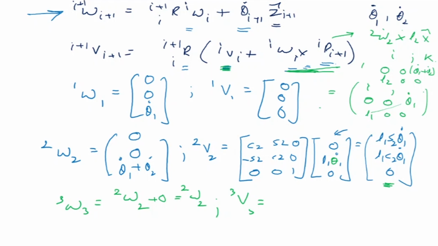So V3 will be equal to these two terms plus one term here, which is coming because of this one. Okay, so we are getting V3 is equal to L1 sin theta 1 dot, L1 cos theta 1 dot plus L2 theta 1 dot plus theta 2 dot, and 0.